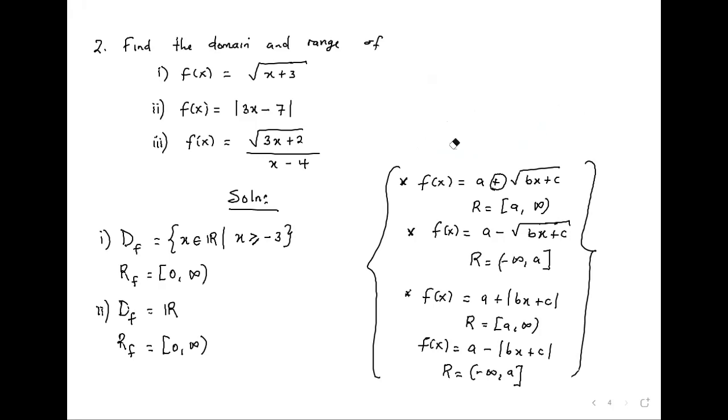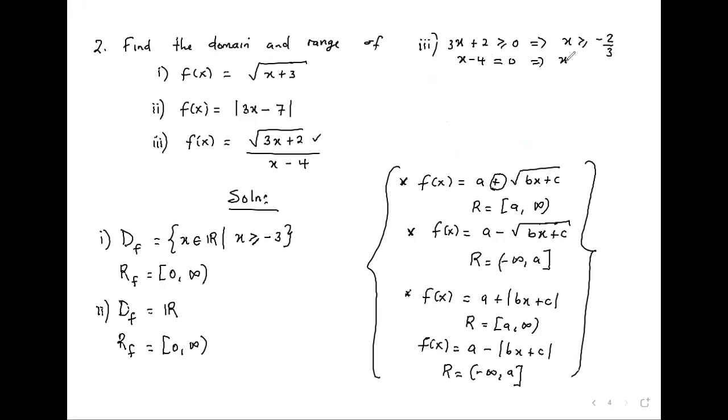Then the third one, well, we already know of the numerator that we cannot allow anything that is less than 0. So 3x plus 2 should be greater or equal to 0. Simply saying x must be greater or equal to negative 2 over 3. And the denominator, x minus 4, should not be equal to 0.